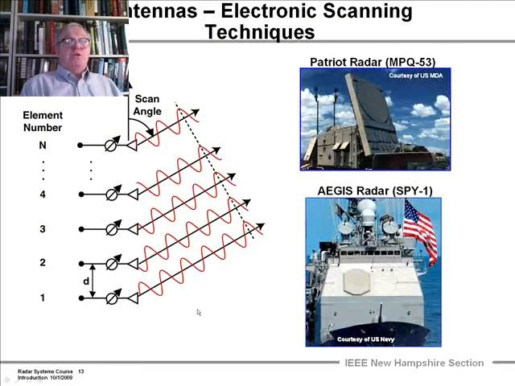Antennas can also be steered, not mechanically like that previous antenna, Altair, but electronically. This shows an example of a linear row of sources of electromagnetic energy, all coherent one with the other.